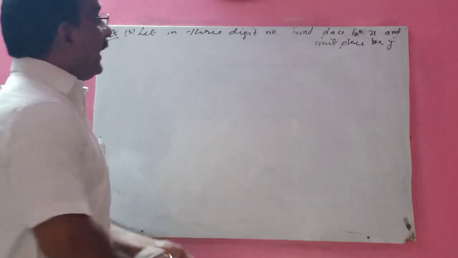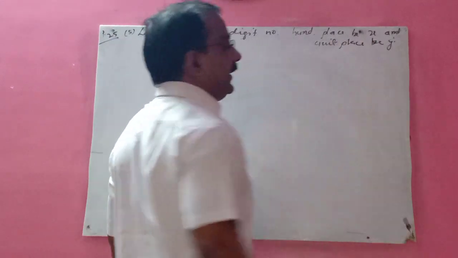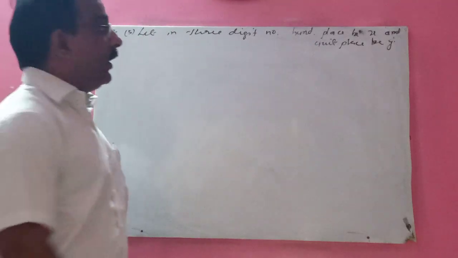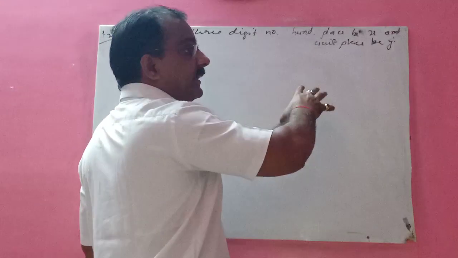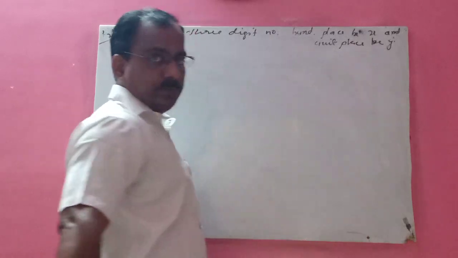Okay, take hundreds place as x and unit place as y, because the middle digit is 1 more than the sum of these two.